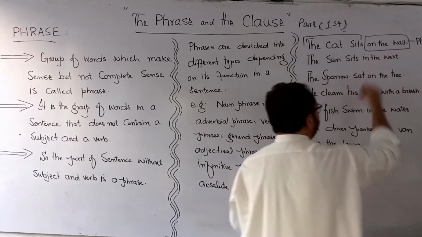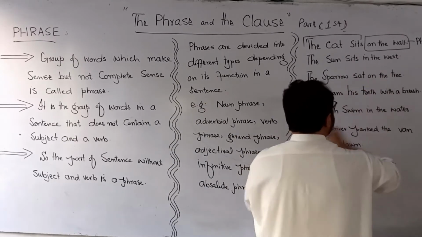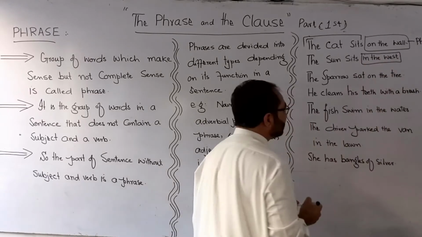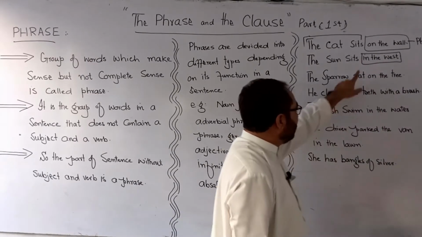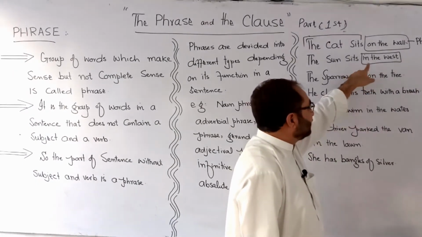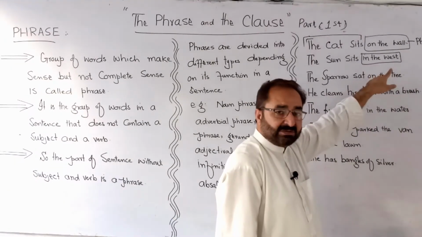Now, in the remaining three words, in the west, here, there are three words arranged and brought together. These three words are not able to give us a complete sense.